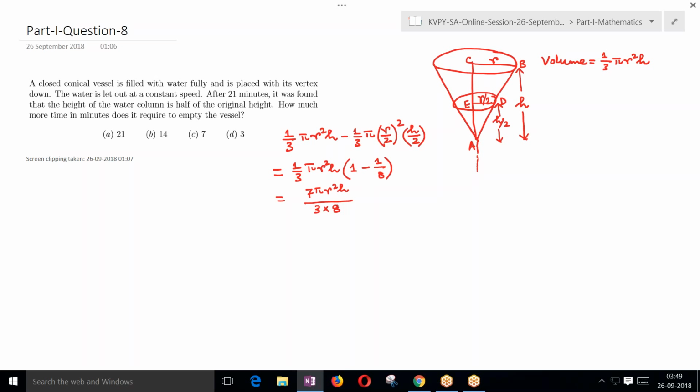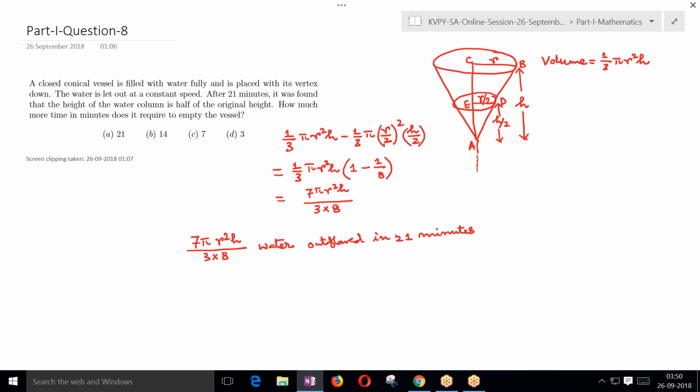So what we see is that the rate of outflow of water is such that 7 pi r square h divided by 3 into 8 of water outflowed in 21 minutes.